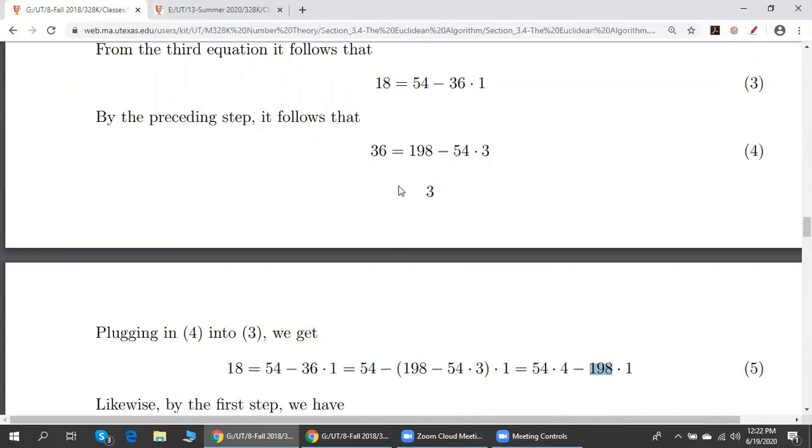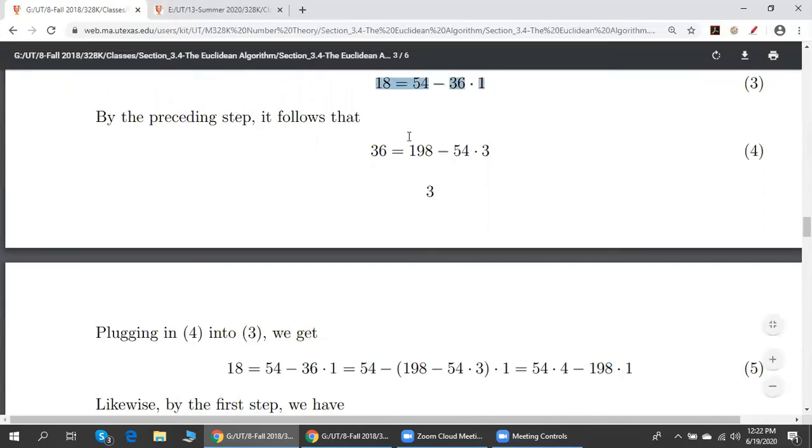In other words, if we combine this and this, we get the following. 18 is 54 times 4 minus 198 times 1.